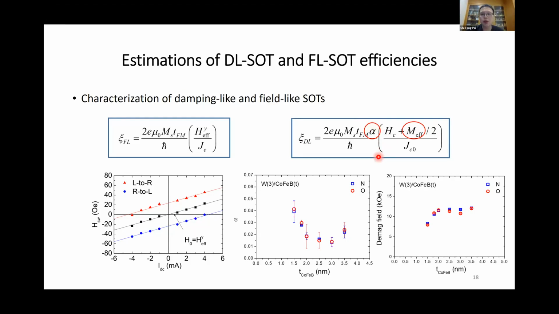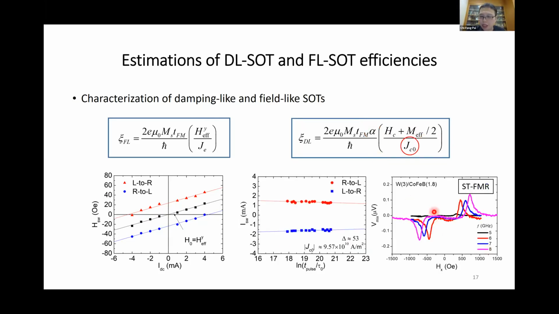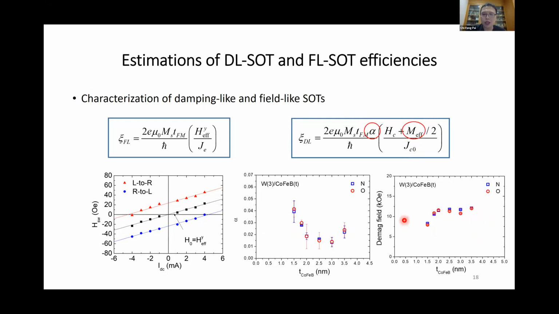Over here, we do ST-FMR, spin torque ferromagnetic resonance, to extract this kind of spectrum under different frequencies. And from that, we can extract the damping constant as a function of the cobalt boron thickness, and also the demag field, such that you can plug into this equation and then estimate the damping-like torque efficiency.